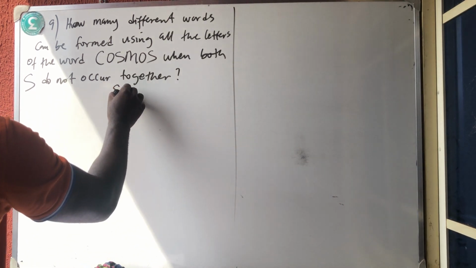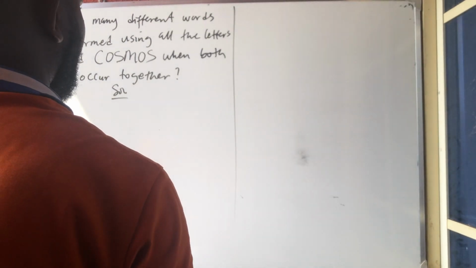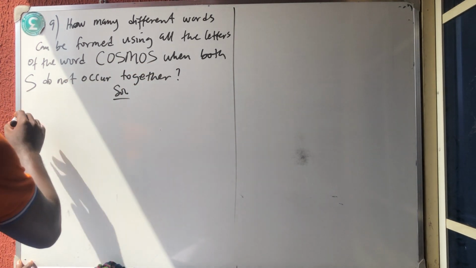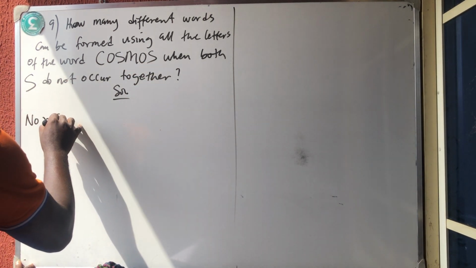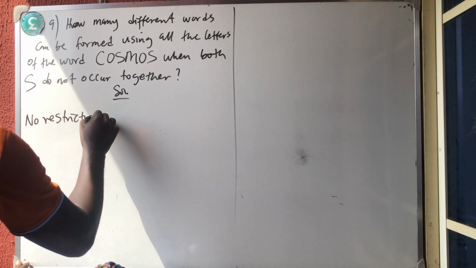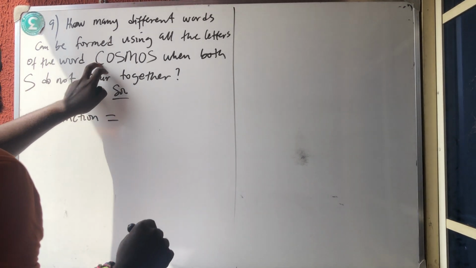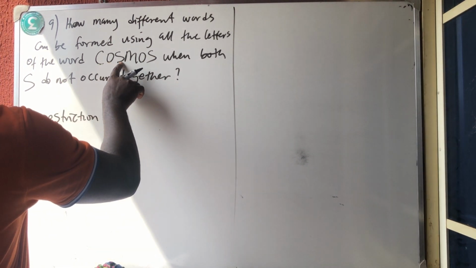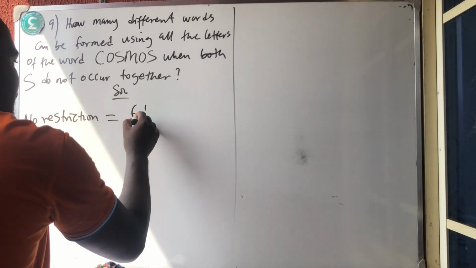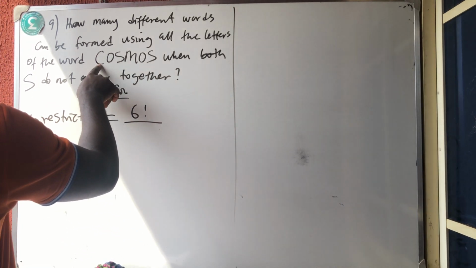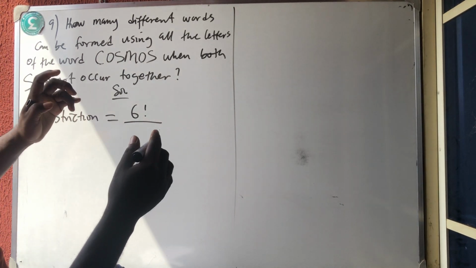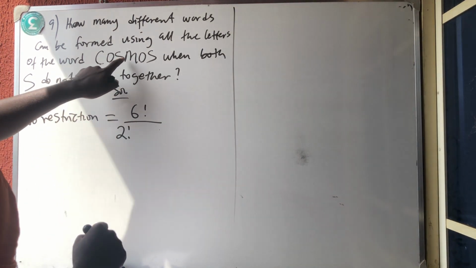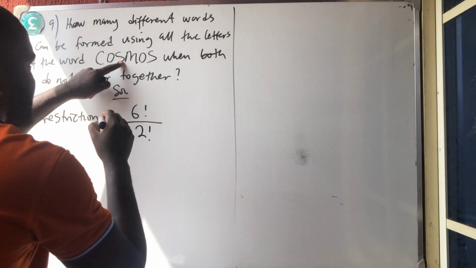Okay, solution. Now, without any condition, the number of words that can be gotten from here without any restriction. No restriction is simply how many are they? 1, 2, 3, 4, 5, 6. So 6 factorial all over. C is how many? 1. Leave it. Anyone that is from 2 and above, write it. O is how many? 2. 2 factorial at the denominator. S is how many? 2. 2 factorial again at the denominator.